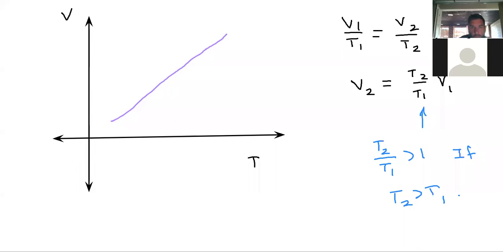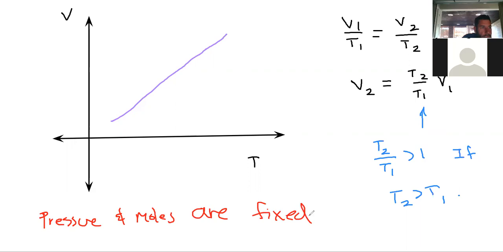And so note what this means. I know we didn't say it in the previous slide, but it's worth pointing out again. This means pressure and moles are fixed. The only thing we're allowing to vary is temperature and volume.